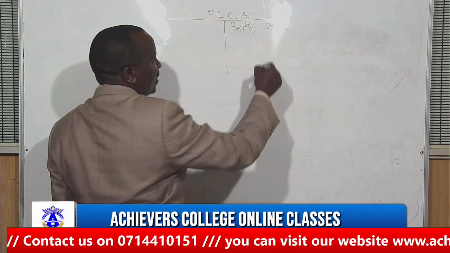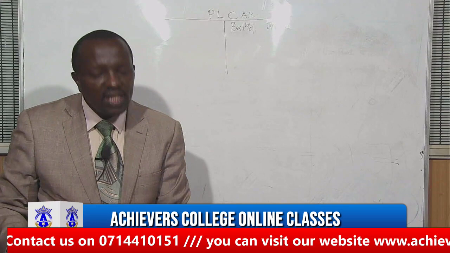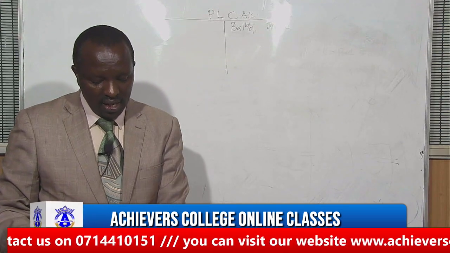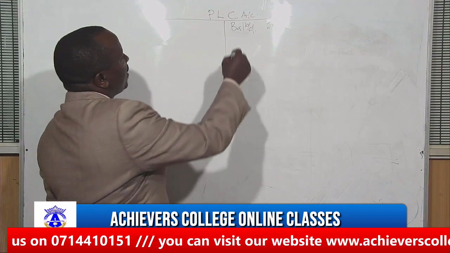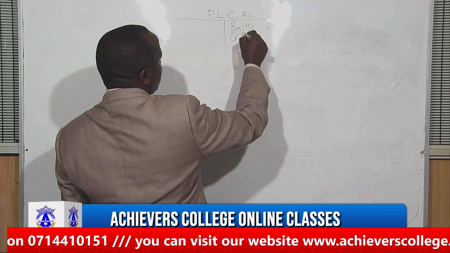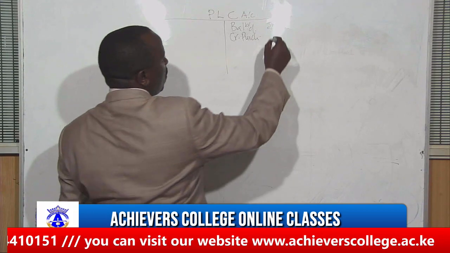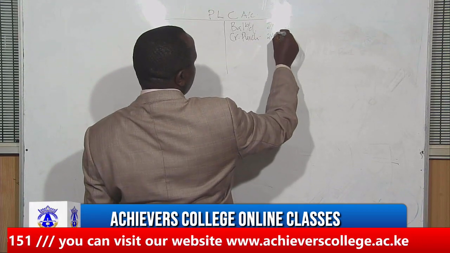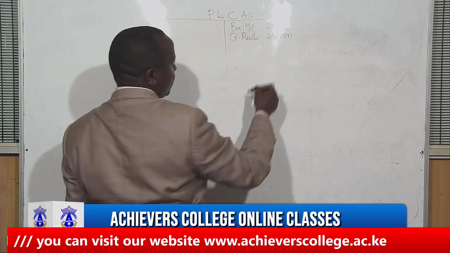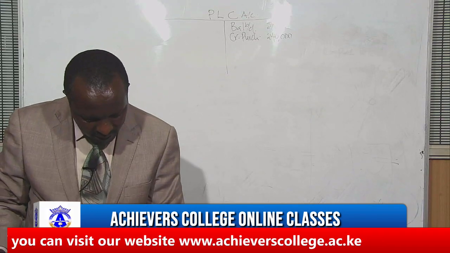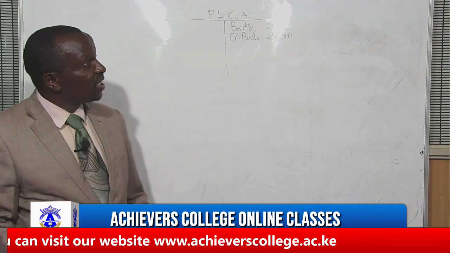So we have 20,000 there. Then anything that is owed to the creditors, credit purchases, goes to the creditors. So credit purchases of how much? 240,000.